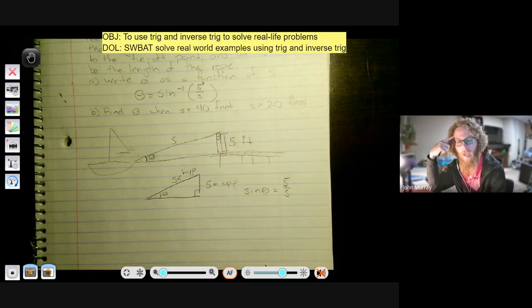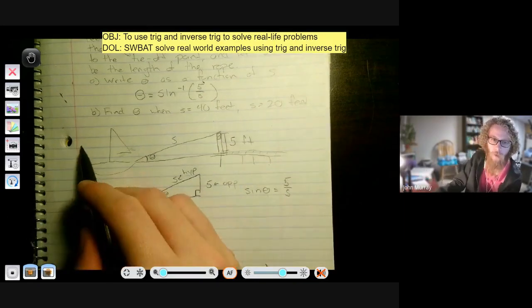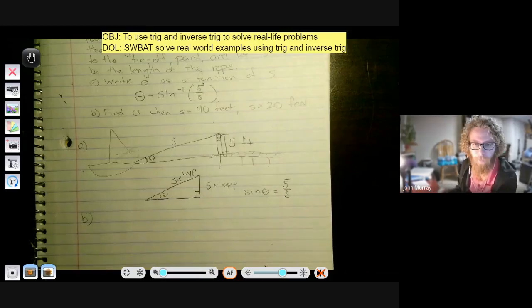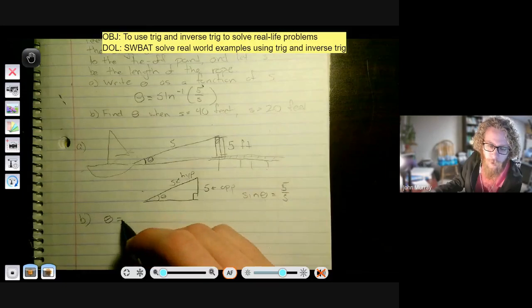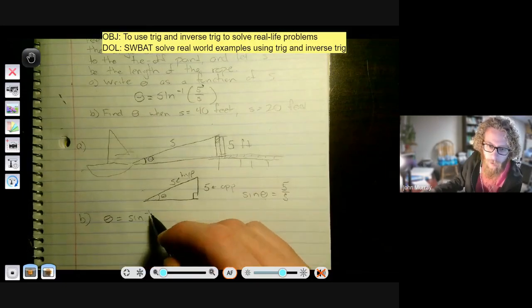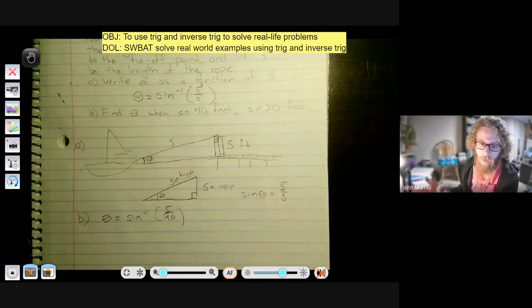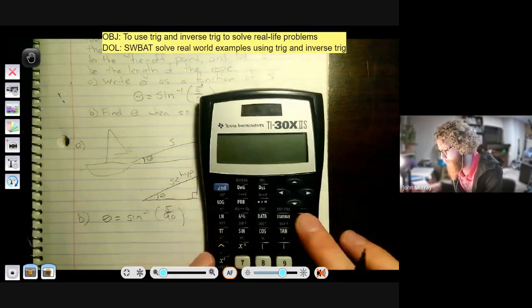Now they want us to find the actual angle when S is 40 and S is 20. What's nice is we already have the equation set up. So this was A, this is B. Now we just have to plug it in. We'll go in order, so we'll do 40 first. We're going to calculate the inverse sine of 5 over 40.